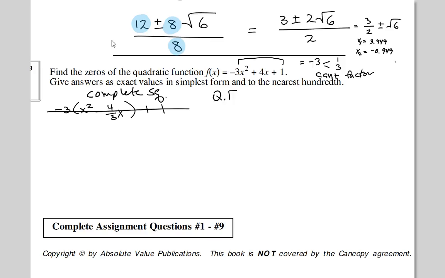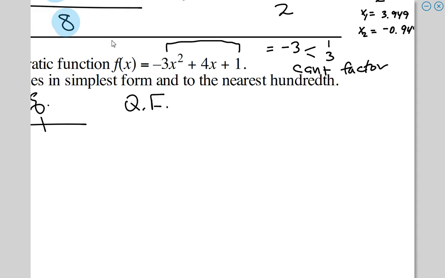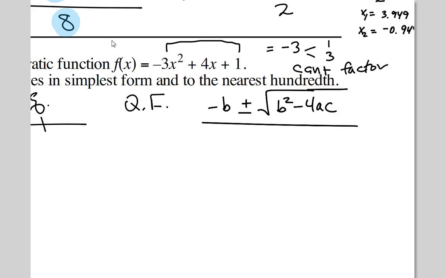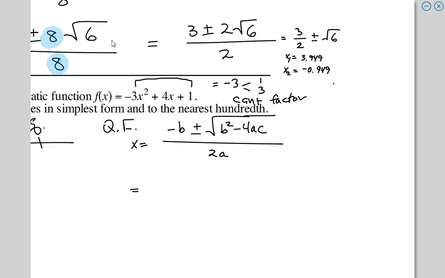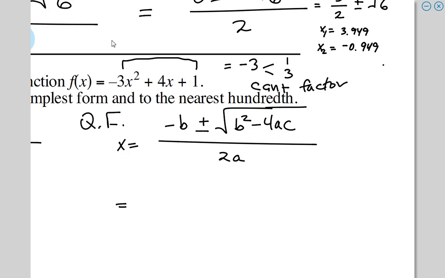Okay, so quad formula. Just going to jot it down one last time. Negative b plus or minus the square root of b squared minus 4ac all over 2a. And this will solve for x values. Okay? So what's our b value?